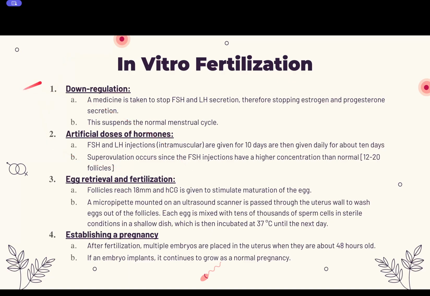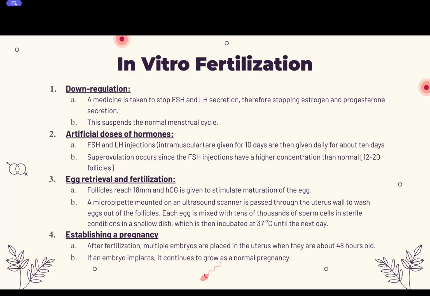A medicine is taken by the woman to stop FSH and LH secretion, which then stops estrogen and progesterone secretion and suspends the normal menstrual cycle. So there's no follicle stimulation. It just suspends the menstrual cycle, which allows the doctors to control when it occurs.